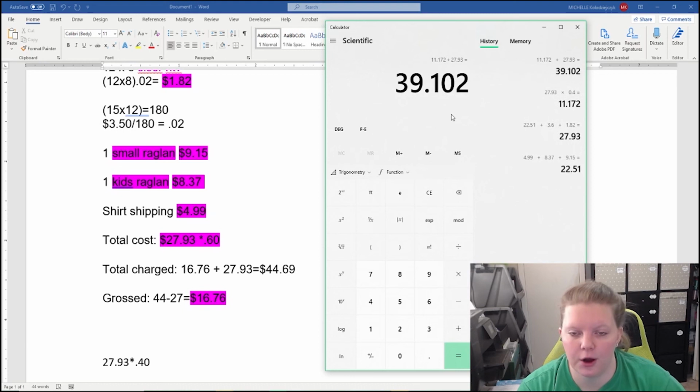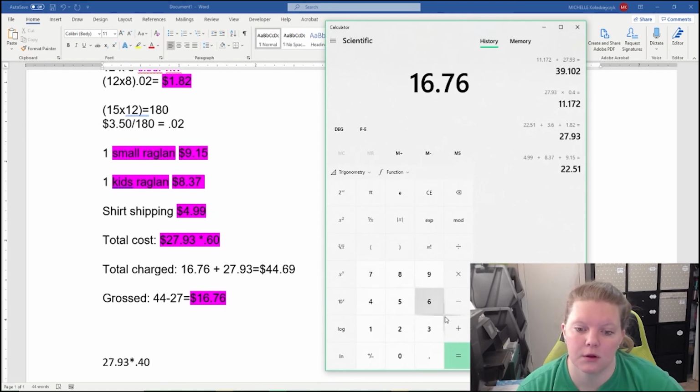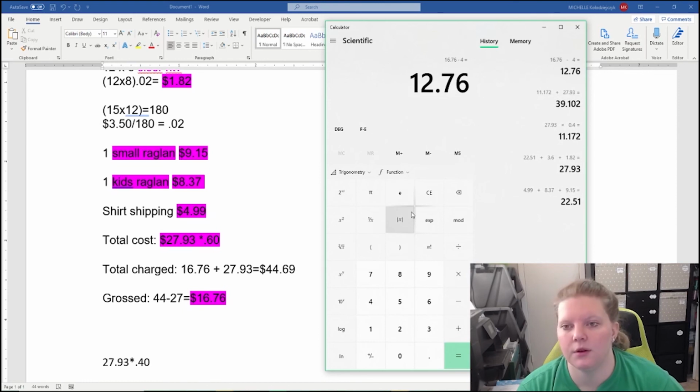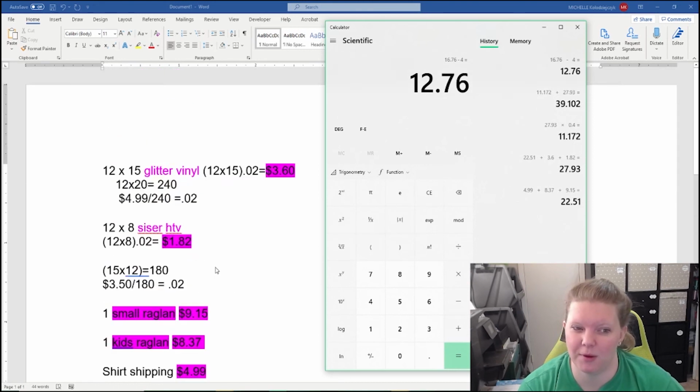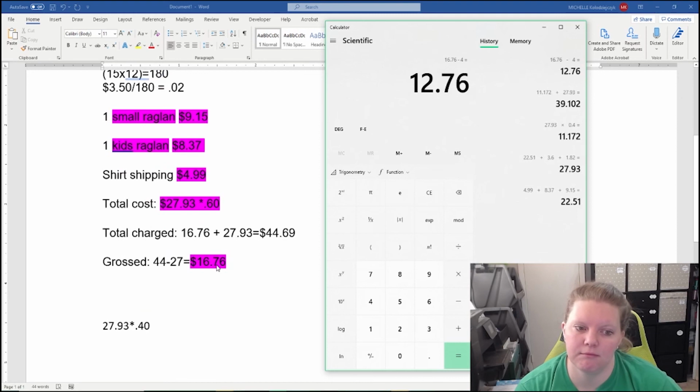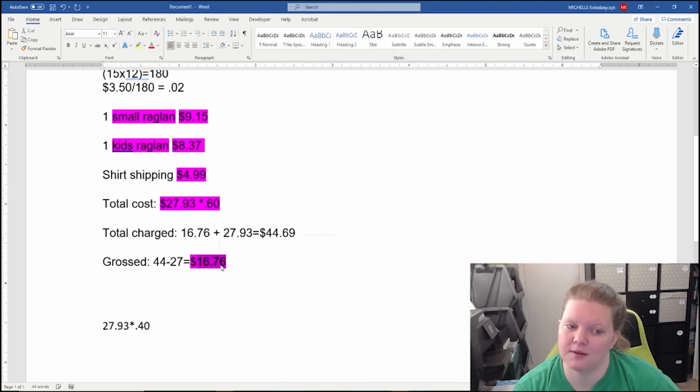So it'll be $40 to charge the customer for those two shirts instead of 44. So instead of making $16, I'm making 12. Not terrible, but it's a lot of work for 12 bucks, when you can just up it a little bit and make 16.